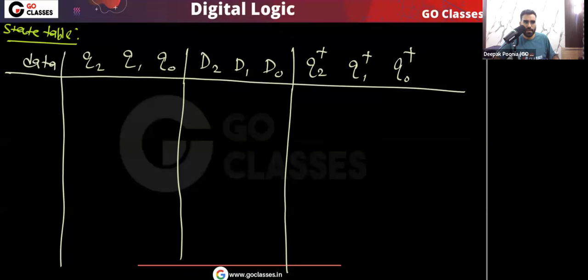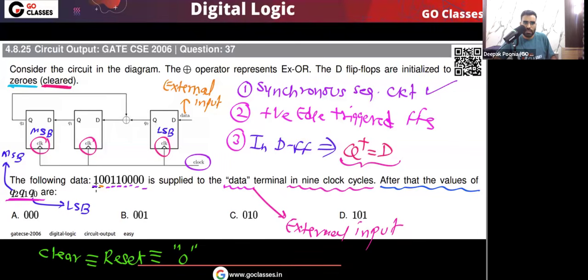Now let's see. Now remember this data for the next 9 cycles. What is the data input that is already given to us? Let me write. You can see that in the first clock cycle, this is 1. Read this. It says the following data sequence is supplied to the data terminal in 9 clock cycles.